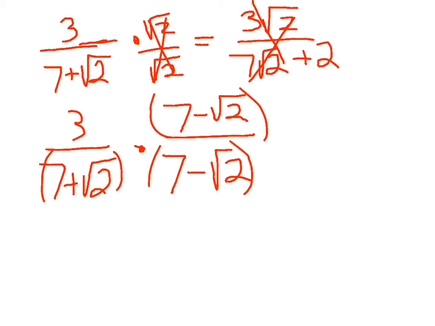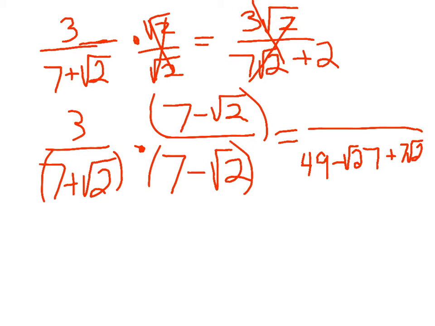Well, you know that the middle term will drop out on these. So let me show you that. What's 7 times 7? It's 49. And then negative square root 2 times 7 plus 7 times square root 2 minus 2.